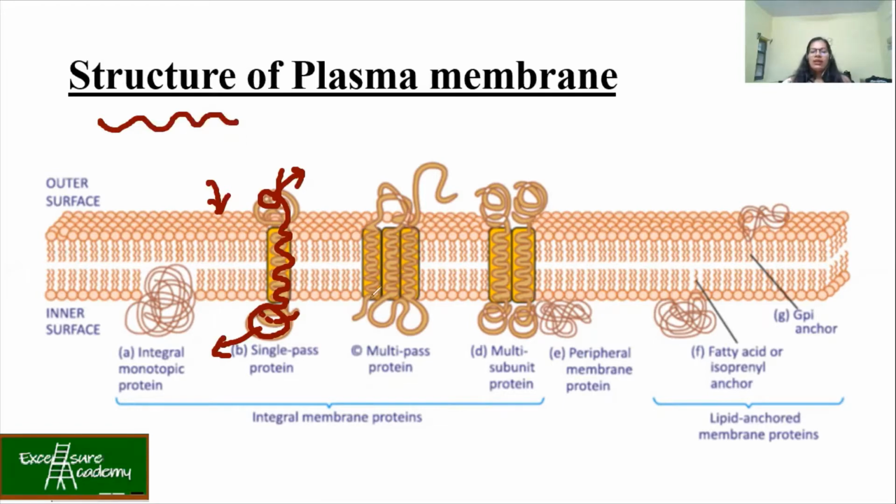Then you have multi-pass. This is the N-terminal and C-terminal of a protein, and it passes the membrane multiple times. In the current situation, this is a 3-pass, and here it is a 1-pass. And then you have the multi-subunit protein. What does it mean?